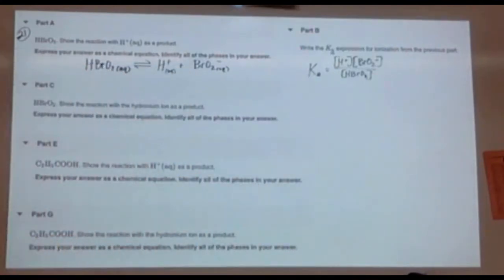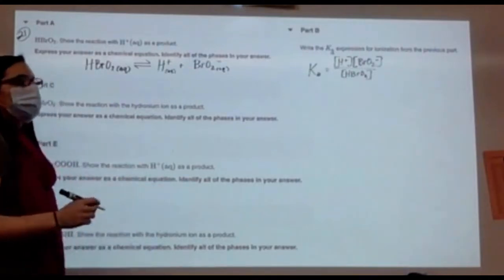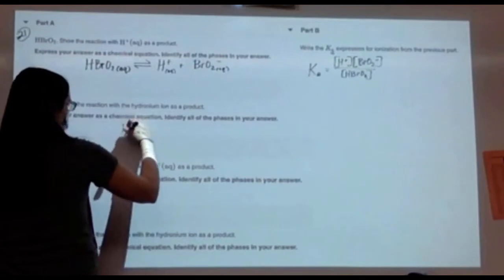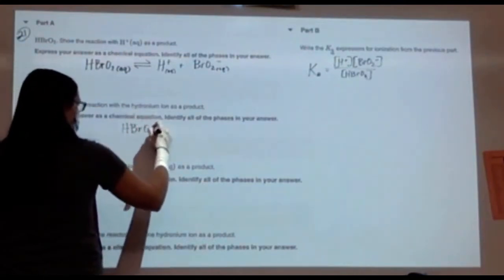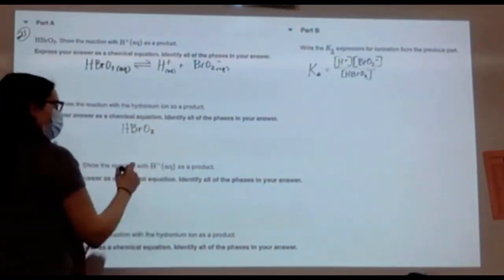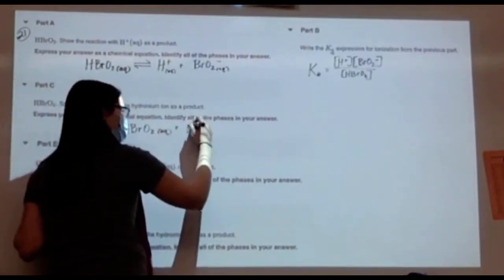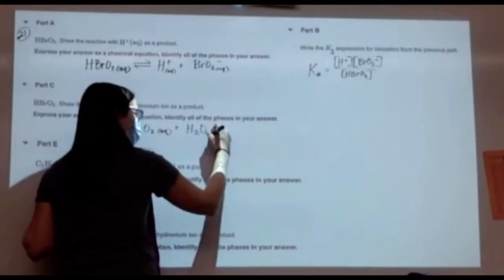So then part C says, show the reaction with the hydronium ion as a product. When we have H3O plus as a product, that means that we need to show water in the balanced equation. So in part C, we're going to have HBrO2. Remember, acids are always aqueous, plus H2O.